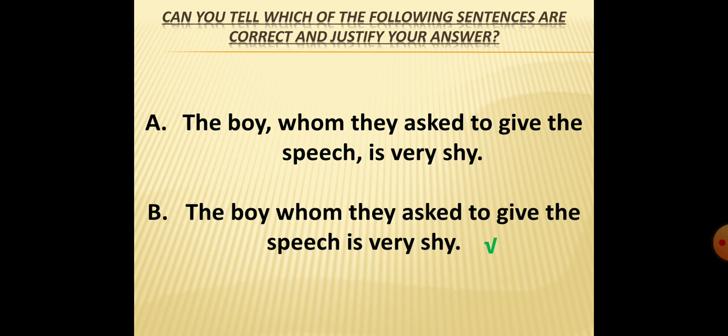If we were to use the first one, it means that we are talking about any boy. But here we are talking about the boy whom they asked to give the speech; he is the person who is shy.